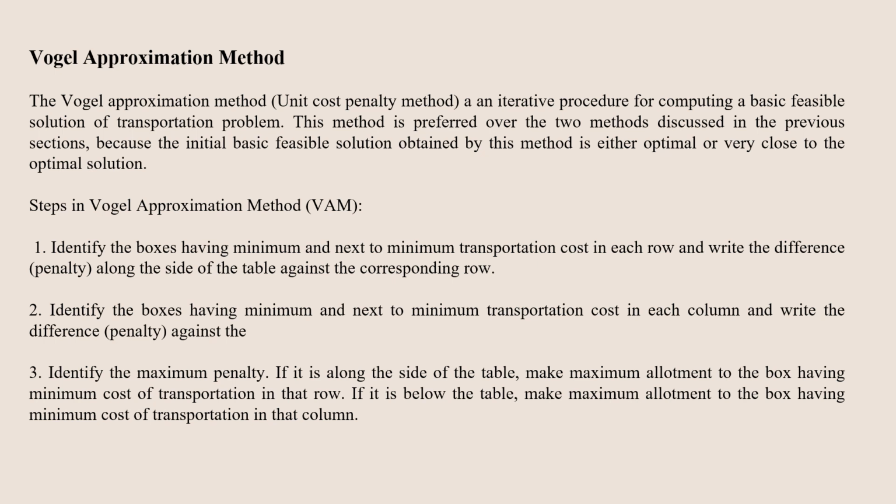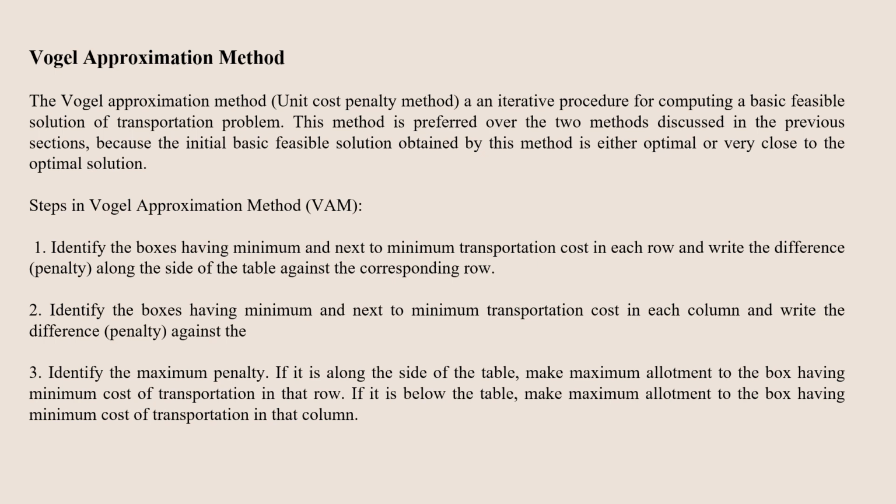This method is preferred over the two methods discussed earlier because the initial basic feasible solution obtained by this method is either optimal or very close to the optimal solution. So what are the steps in the Vogel approximation method, that is VAM?